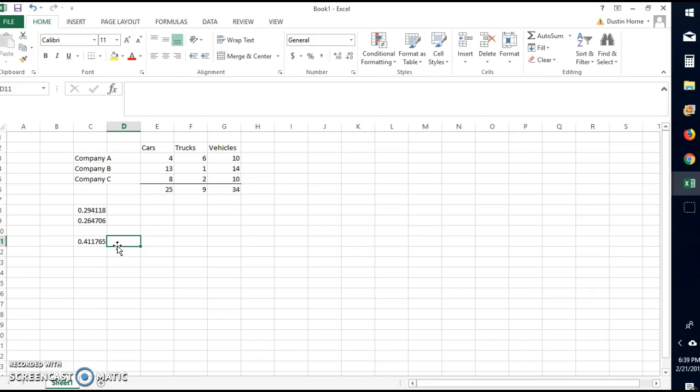The easiest way for me to do this is to say, well, I've already used the 13 because it was part of company B, so don't use that. Use the 4 and the 8, which is 12 out of the total, which is 34. If you add those together, you get 0.765.